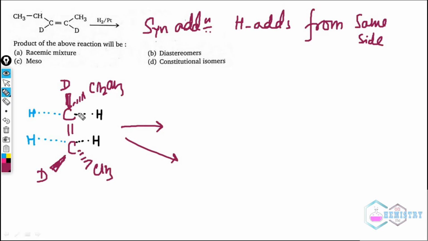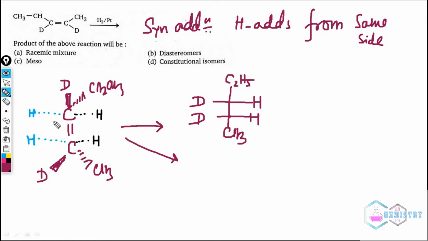If hydrogen attacks from this side, the D and the groups will shift a little bit towards that side. So we can draw D in this side, C2H5 above, hydrogen from this side, similar case for this one, and CH3. And if we attack hydrogen from the left side, the structure will somehow look like this.